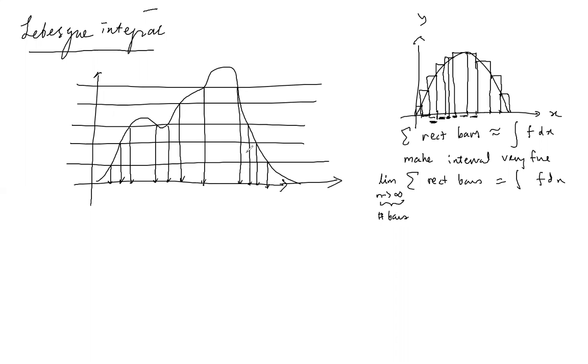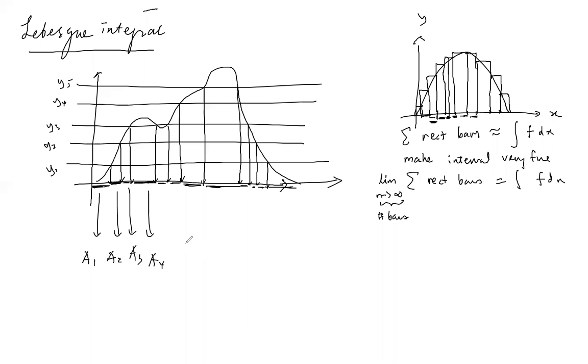So this is your y1, y2, y3, y4, y5. They will induce sets. Here you have an interval, and you can think of these intervals as sets. There are different sets here, and there's another set here. So you can call this set A1, this set A2, this set A3, this set A4, and so on.